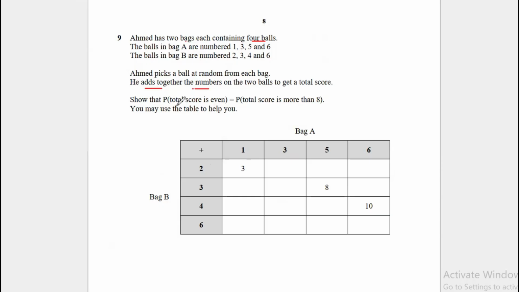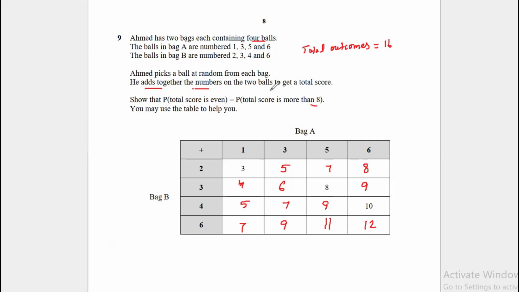Show the probability of total score is even and the probability of total score is more than 8. So we will show with the help of a table: 6 and then 9, 5, 11, and then 6 plus 6 is 12. If you check carefully, the total outcomes are equal to 16.